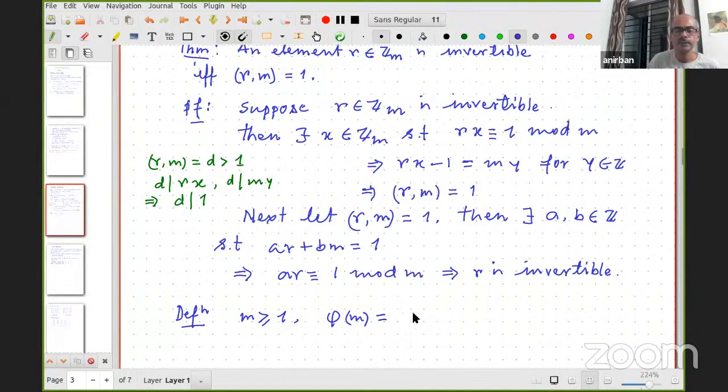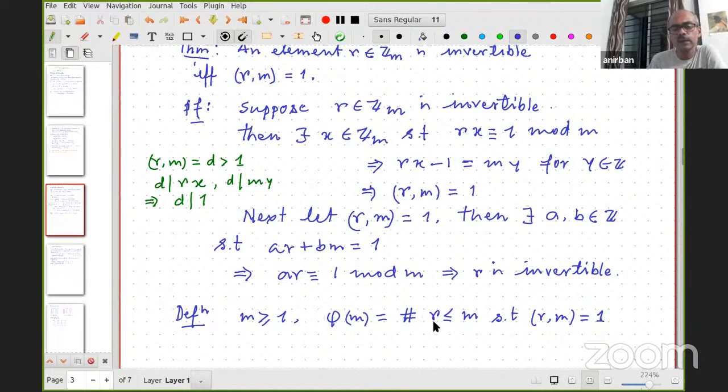This denotes the number of integers r less than m such that r and m are co-prime, so the GCD is 1.